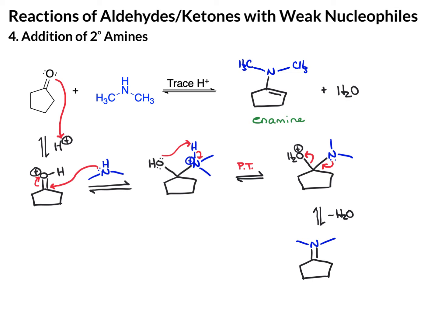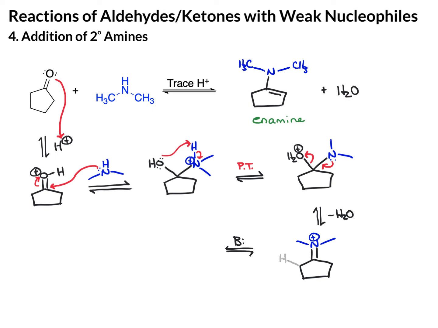Okay, to this point, everything has been identical to the imine formation that we did with a primary amine. But the difference now is there's no hydrogen on this nitrogen to take off. But we need to get to a final neutral product, and the way that happens is we still do a final reaction with a base, just a weak base in the solution, anything with a lone pair. But what it will do instead is react with one of these neighboring protons.